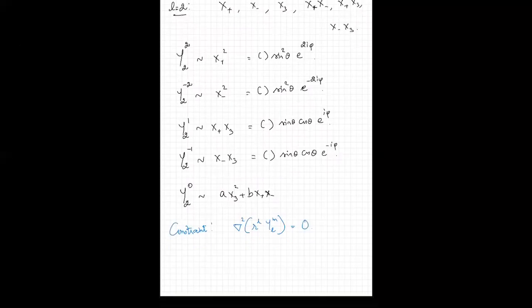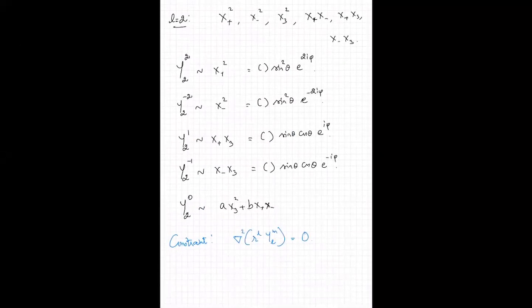Okay. And if you use this constraint, you would actually be able to get a relation between A and B. So let us apply this to y20. For y20, this constraint is L equal to 2. Because this is true for any L, it has to be true for L equal to 2 also.